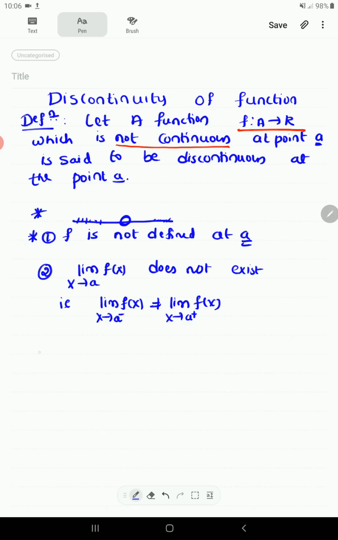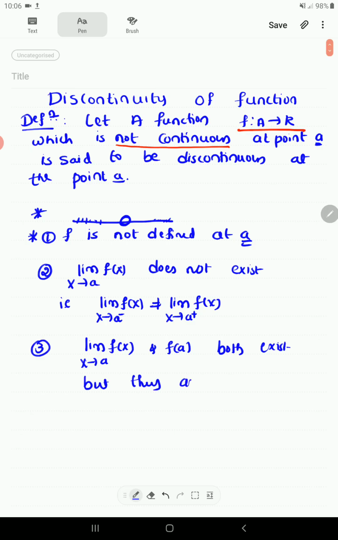Or, maybe the limit exists and the function is also defined, but both are not equal. Like, the limit of f of x as x tends to a and f of a both exist, but they are not equal. So we have three different aspects.